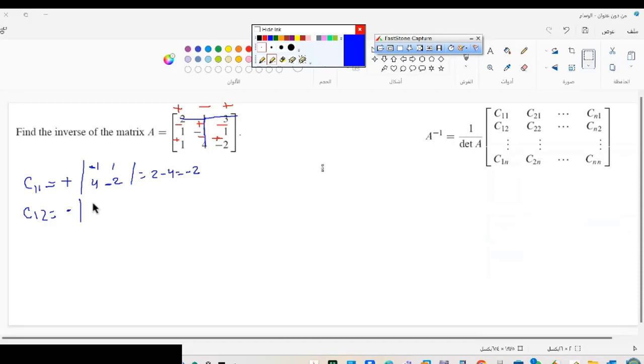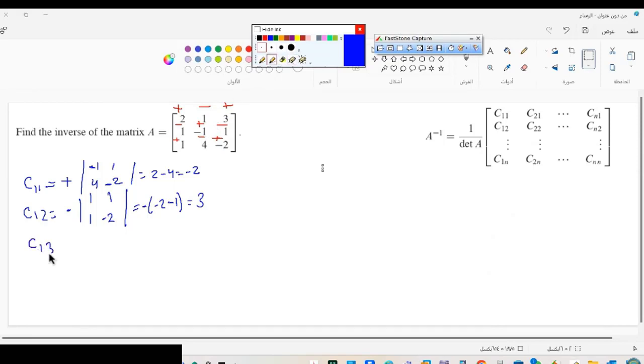It is minus 1, 1, 1, 2, minus 2. 1 minus 2 is minus 2, equal minus 2 minus 1, I guess. It is minus 3.